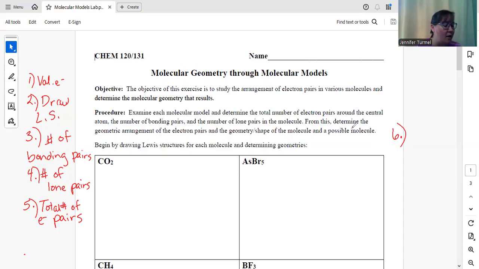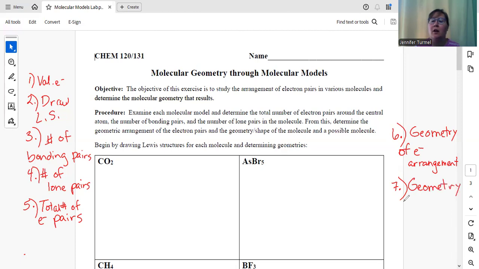Number 6 is going to be determining the geometry of the electron arrangement. And number 7, we're going to be determining the geometry or shape of the molecule itself.